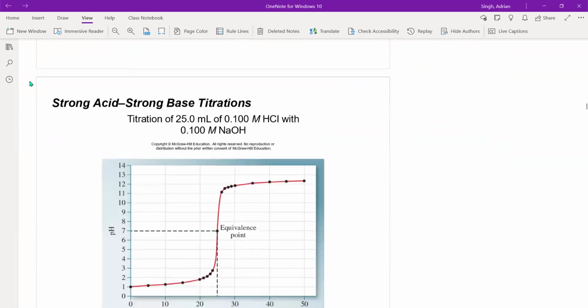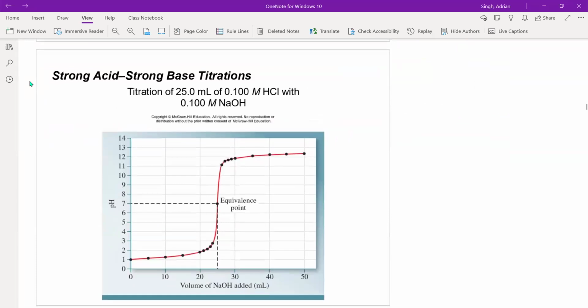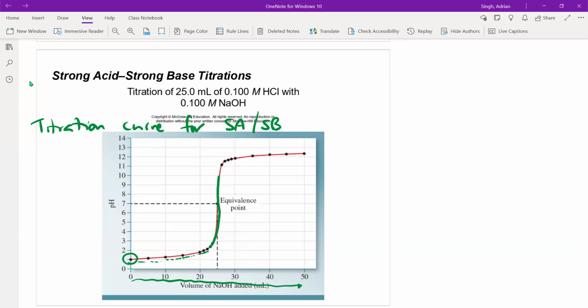Let's take a look at how we can chart this in a titration curve for a strong acid, strong base titration. So we're starting off here with the pH of our strong acid, originally about 1. And then as we add sodium hydroxide, what we see is that the pH stays fairly constant initially. And then at some point, there's a very drastic change in the pH.